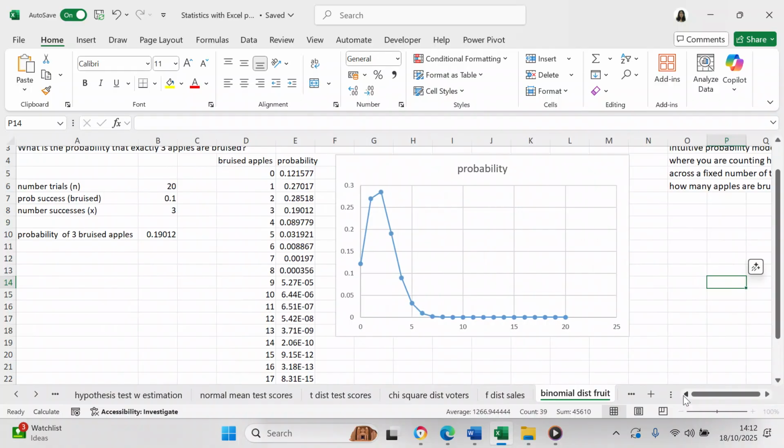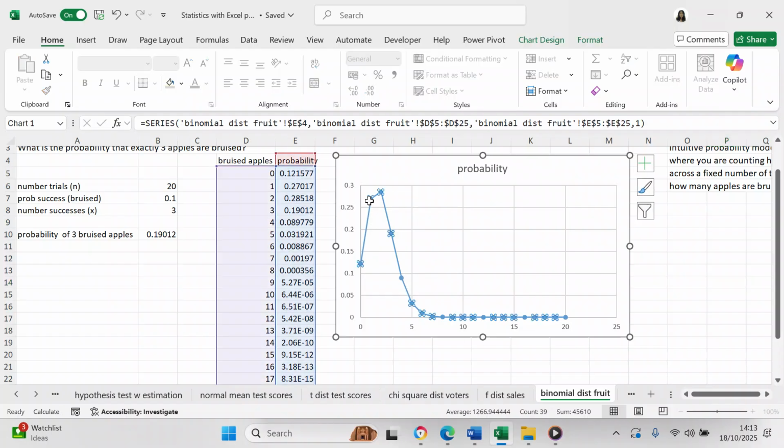And so that was interesting. And then this gives you the probability. So 1 apple is going to be like 11 or 12%. 2 apples is going to be 27%.